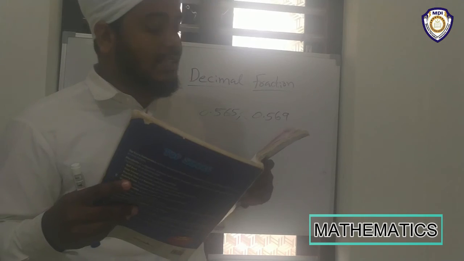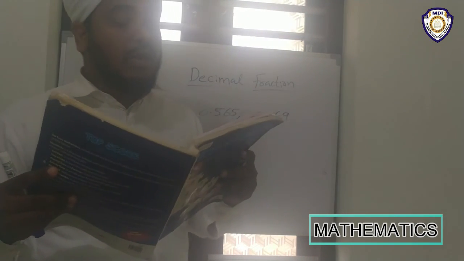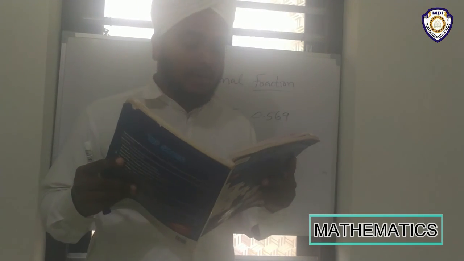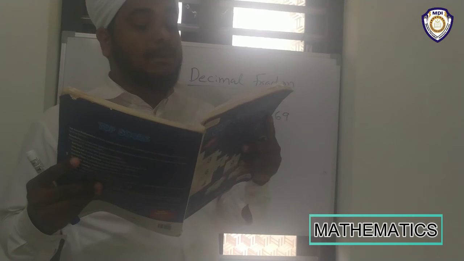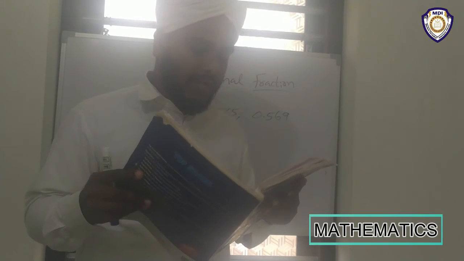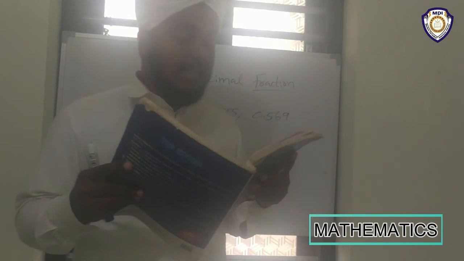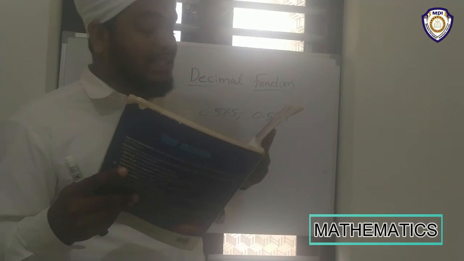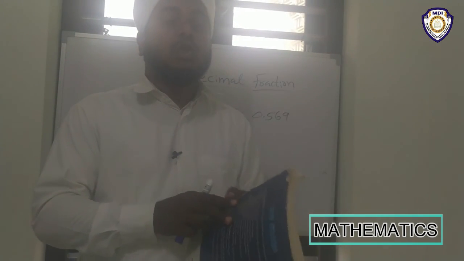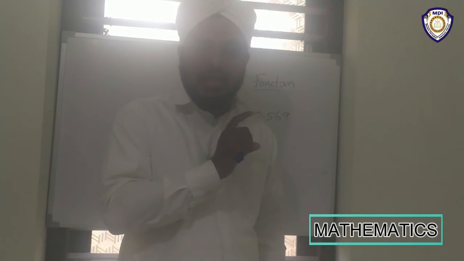Fifth question, represent the following decimals on a number line. Sixth, write the following in expanded notation. Seventh question, write the place values of the underlined digits. There are numbers and some digits are underlined, and you have to write the place value of the underlined digits.